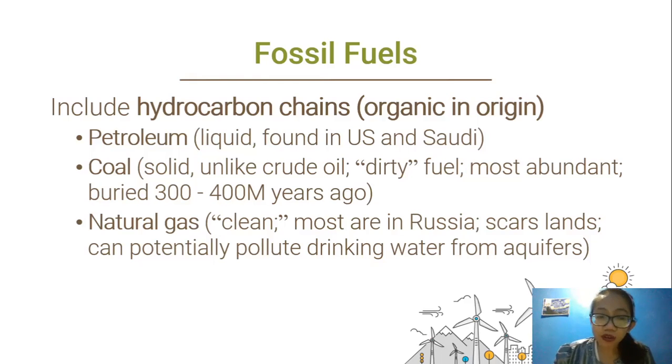Most of the supply of natural gas is found in Russia. As I said, it may damage our atmosphere. In addition, whenever we are mining natural gas, it damages the terrain, and if the methane gets mixed into our water table, then that could produce a domino effect of harm to the environment.